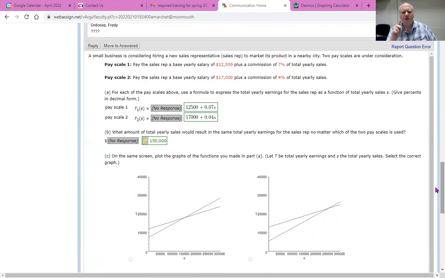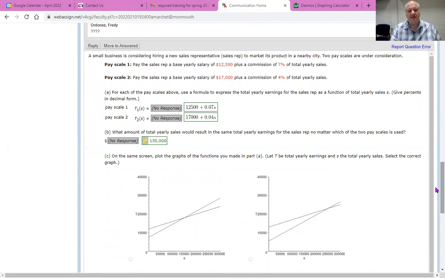A small business is considering hiring a new representative or sales rep to market its product in a nearby city. Two pay scales are under consideration. I totally read that wrong, excuse me. Pay scale 1, pay the sales rep a base yearly salary of this much plus a commission of this much. Pay scale 2, pay the sales rep a base yearly salary of this much plus a commission of that much.